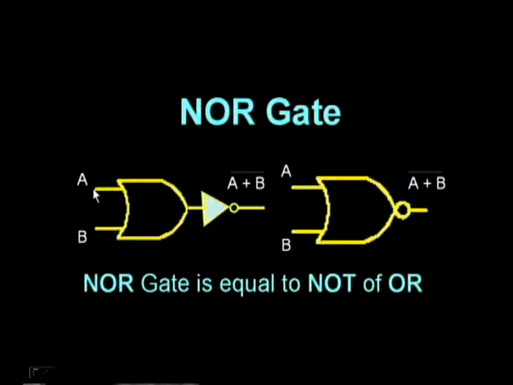For a 2 input NOR gate, the output expression should be the inversion of OR, that is, given the inputs A and B, we get the final output at the end of the inverter as A ORed with B, whole complement. So, this is the symbol for NOR gate. Given the inputs A and B, the output is (A OR B) whole complement. So, NOR gate is equal to NOT of OR.